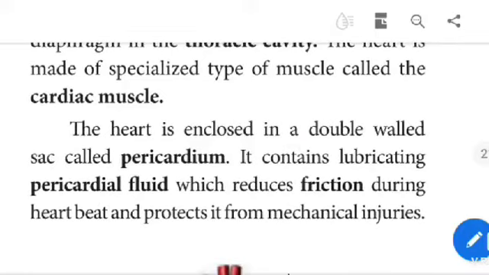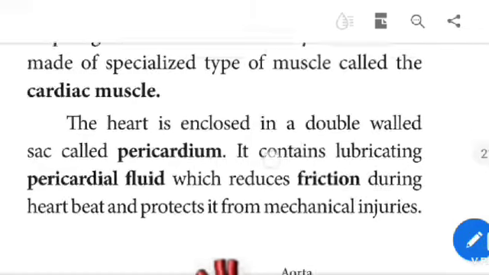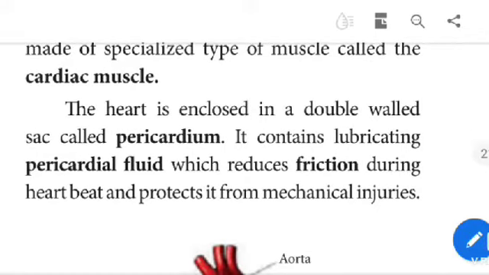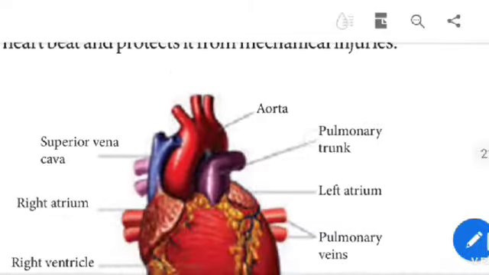The heart is enclosed in a double-walled sac called the pericardium. It contains lubricating pericardial fluid which reduces the friction during heartbeat and protects it from mechanical injury.